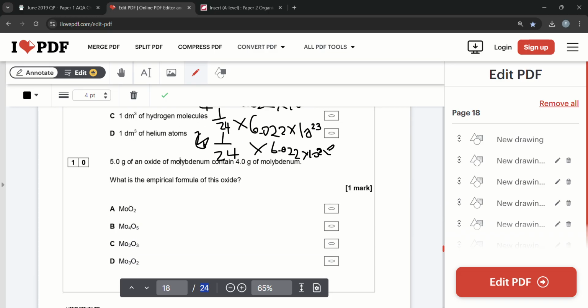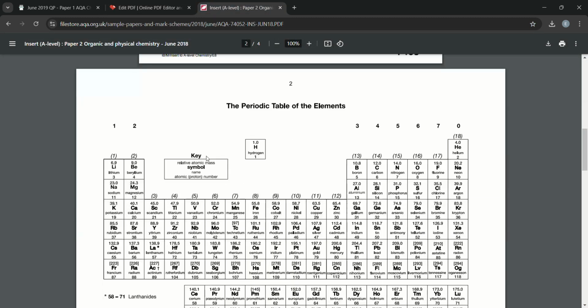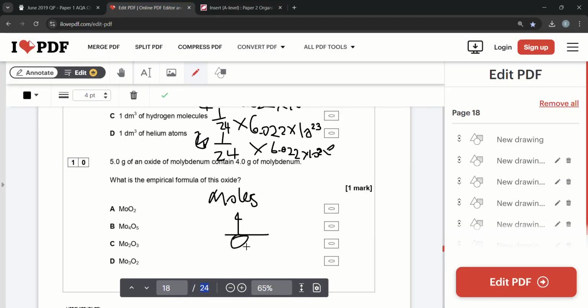C, 5 grams of an oxide of molybdenum, in empirical form as oxide. So you need to find the moles. The moles of molybdenum is mass over Mr. If I find molybdenum, it is Mo, so I just look for Mo. It has an Mr of 96, so 4 divided by 96. And the moles of oxygen, because 4 grams is molybdenum, the rest is oxygen, so 1 divided by 16.